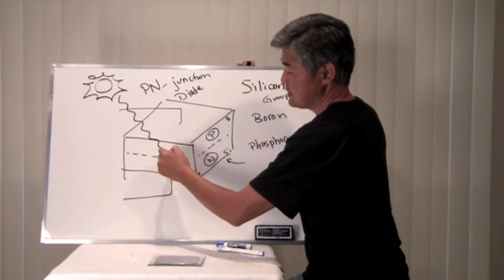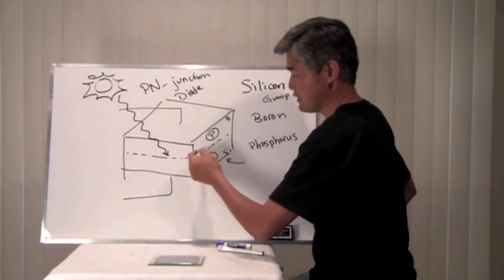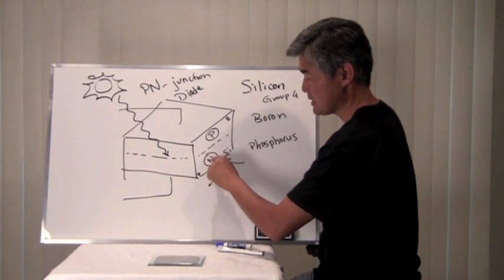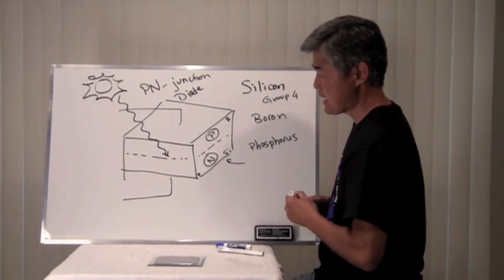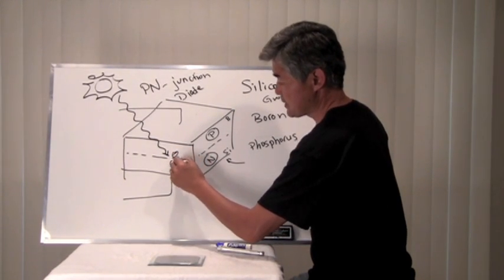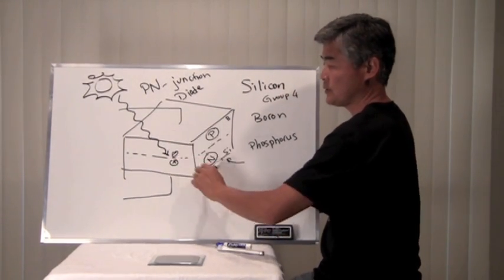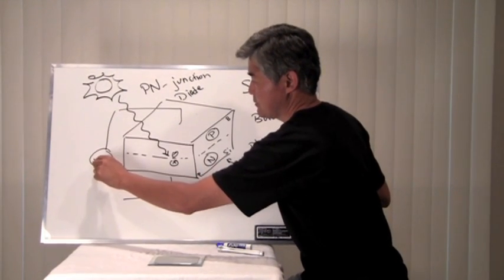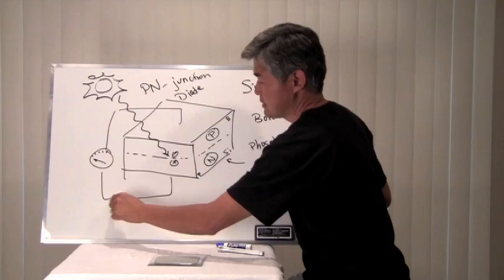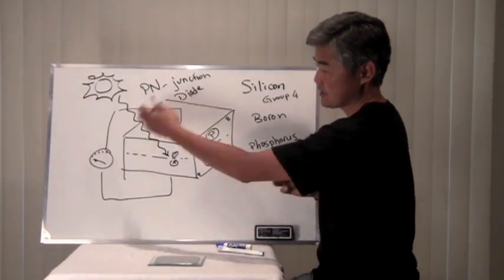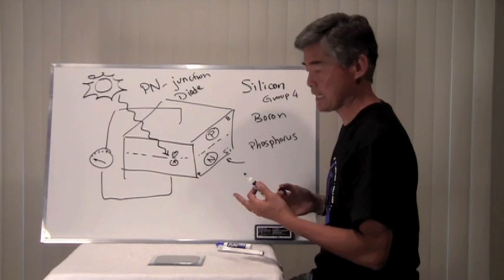This energy is absorbed at the p-n junction, the interface between the positive side and the negative side, and it creates an electron and hole pair. As that electron and hole are swept across that junction, we begin to get current flow. When the current flows, it generates electric current, and you can do work with that.